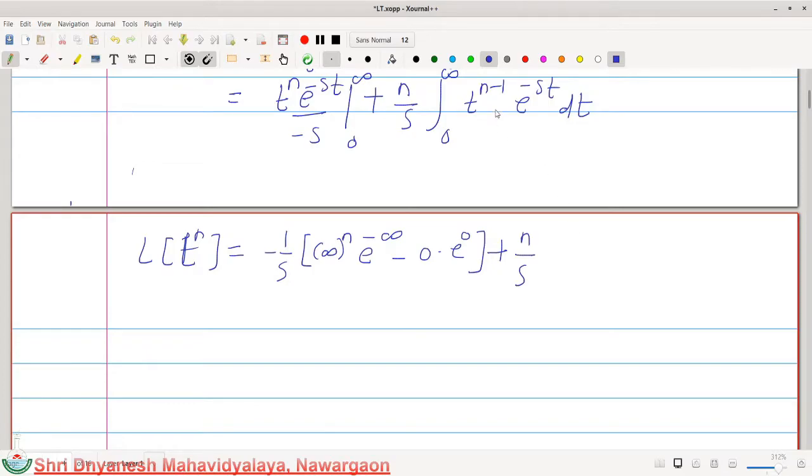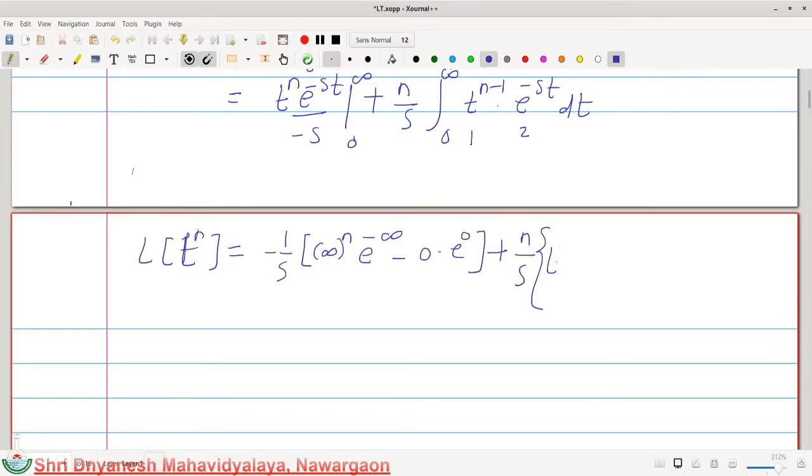Here again we should apply integration by parts. So what will be this? First into integration of second. Here this is second function, this is first function.